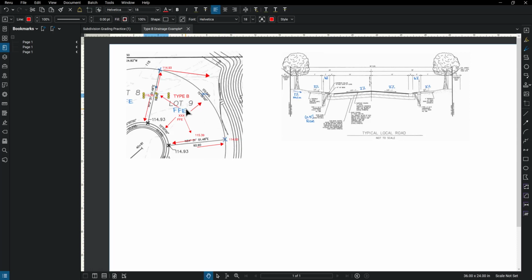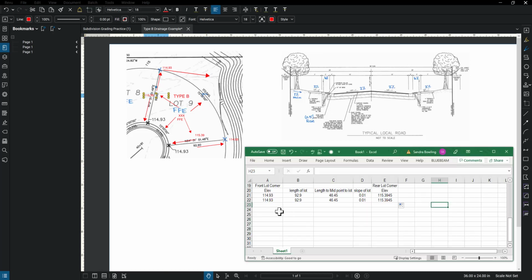All right, now the lot width is 72, with 55.29 in the front and 172 in the rear. So what I want to do is, usually I take the average, and this isn't always perfect, but I want to know what the length of the lot is at the midline, where that 46.45 is.